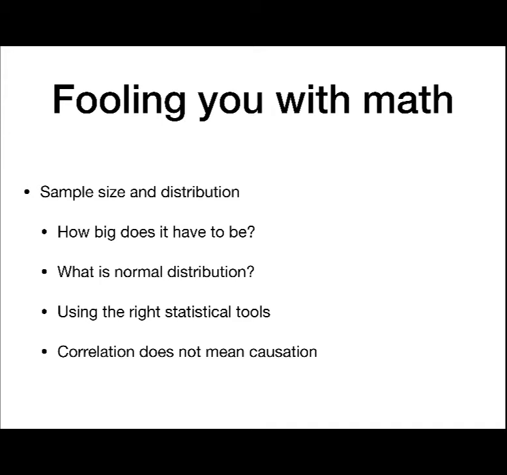Third, you have to use the right statistical tools. I'll give just one example, but you can investigate this more on your own if you want. And then finally, correlation does not mean causation. What that means is, just because you see an association between one thing and another doesn't mean the first thing caused the second.